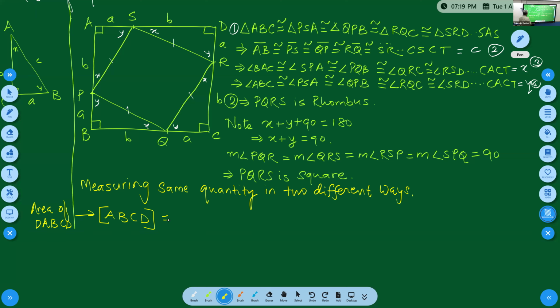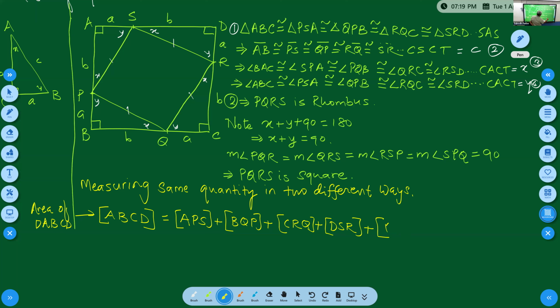But the other method of measuring the area is area of APS plus area of BQP plus area of CRQ plus area of DSR plus area of PQRS.